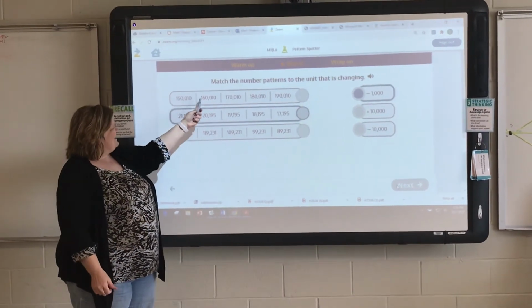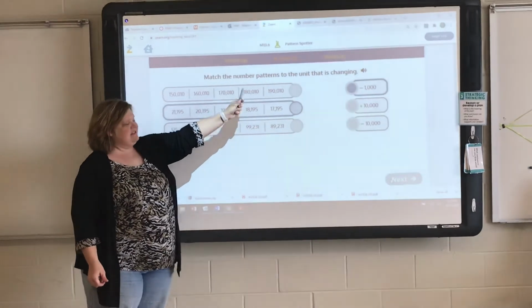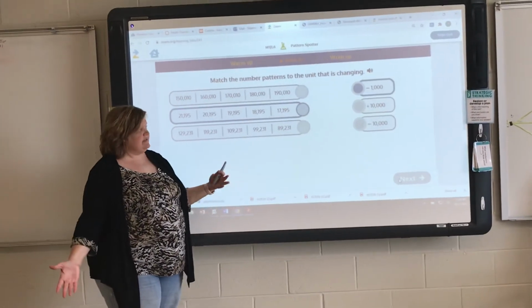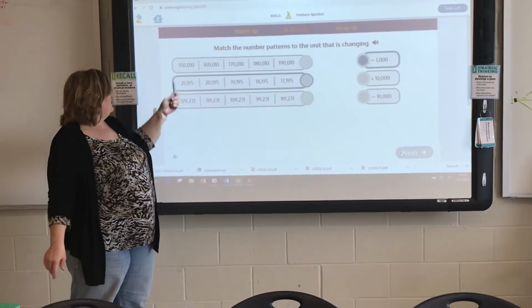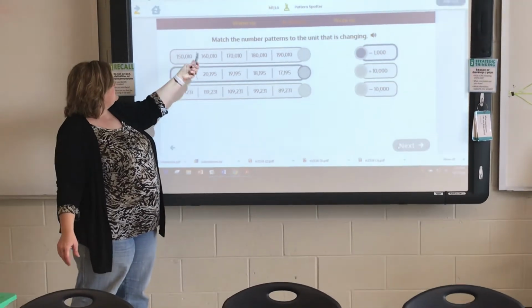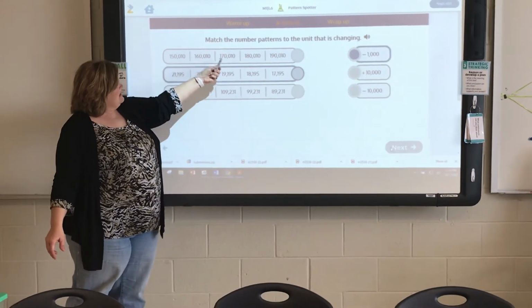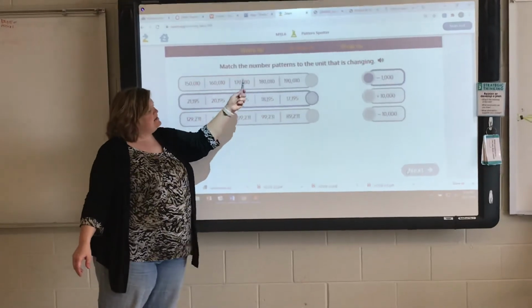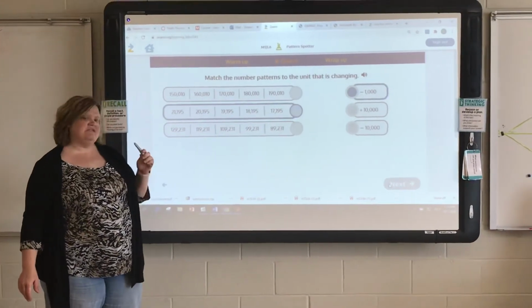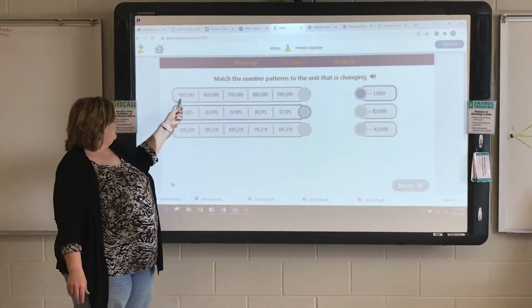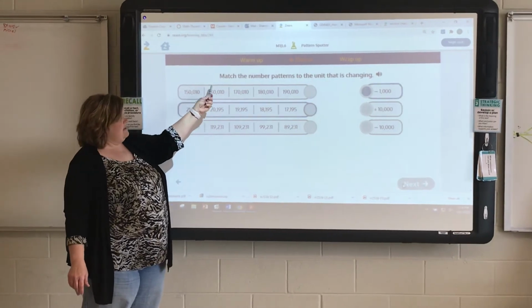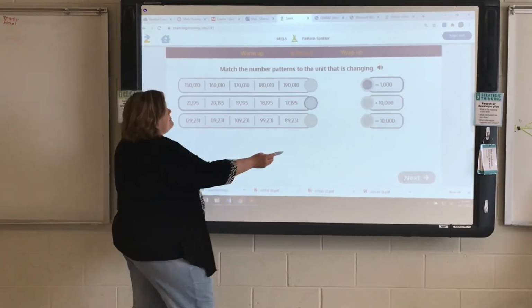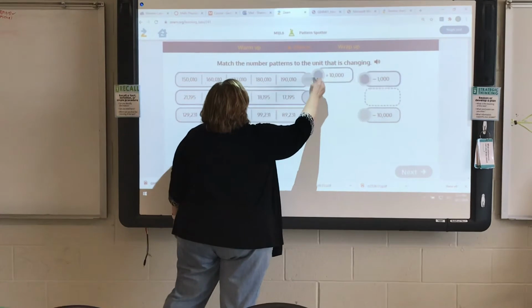Well, the 1 is in the 100,000s place, it stays the same. So it's not by 100,000. But the 5 starts to change to 6, 7, 8. So we're looking at the 10,000s place. 50,000, 60,000, 70,000. So it must be increasing by 10,000.